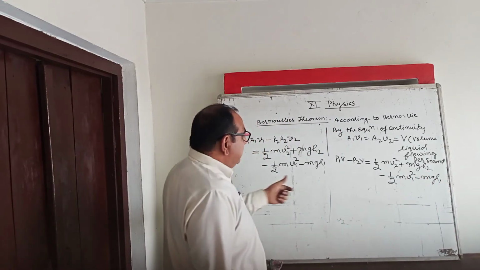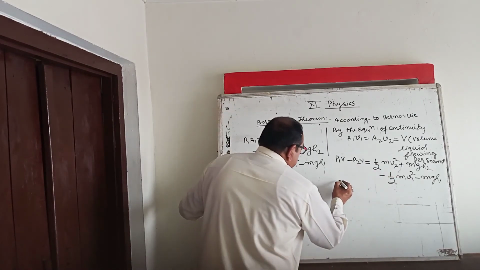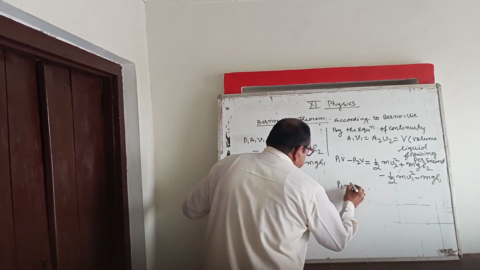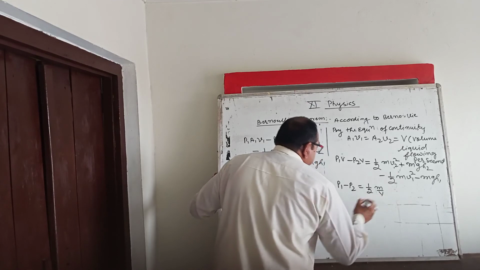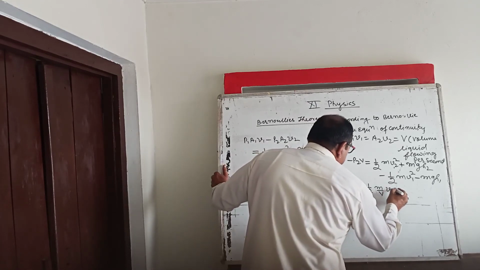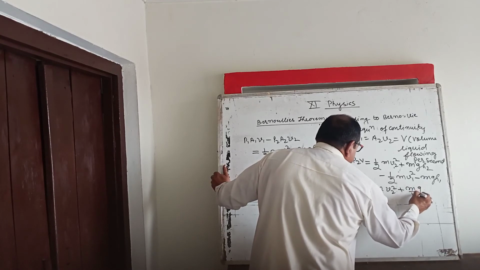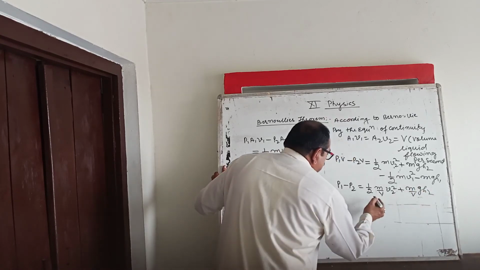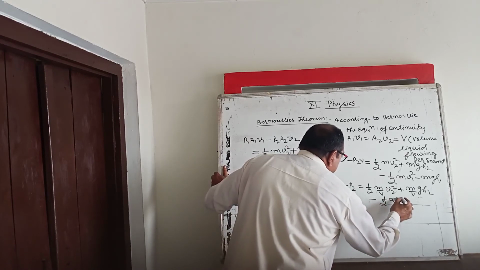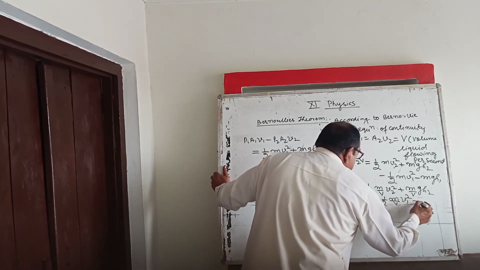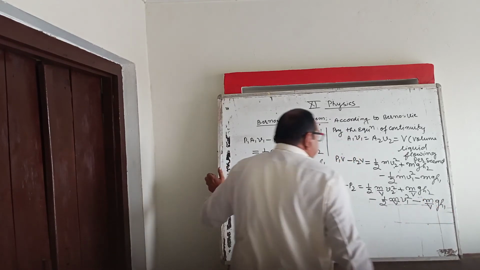Now I divide it by V. Dividing the whole equation by V, you will get P1 minus P2 equal to half m by V v2 square plus m by V g h2 minus half m by V v1 square minus m by V g h1.